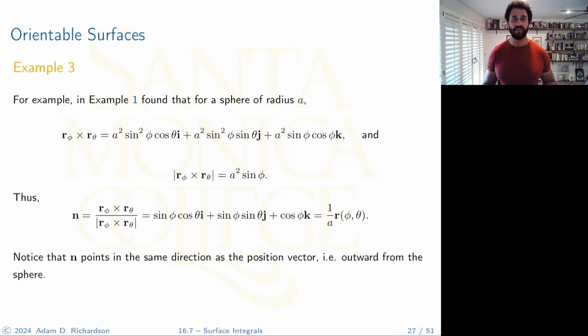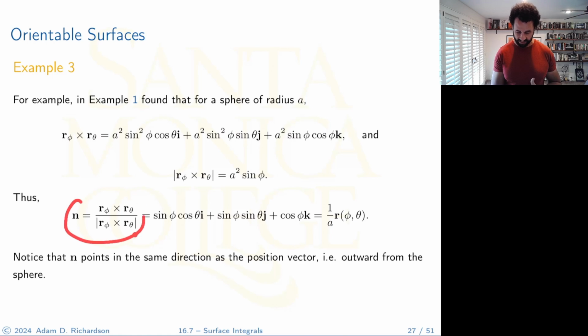Just to give you an example of computing this normal vector, if you remember back in example 1, we found that for a sphere of radius a, this cross product was given by this long expression. And then we also found that the length of that vector is a squared sine phi, which agrees with what we would see from the spherical parameterization, right? Now, if we want to find a unit normal vector, we can just take this normal vector and divide it by its length.